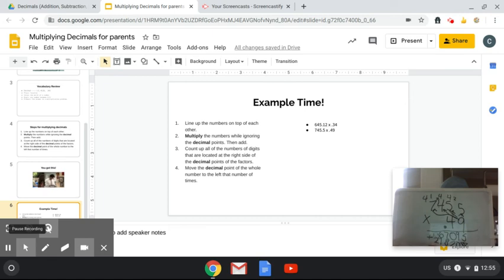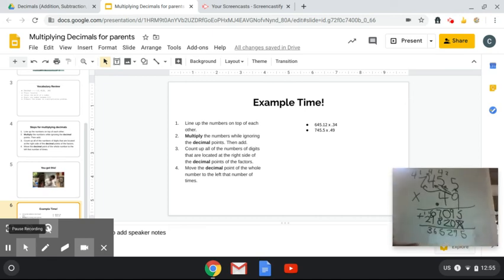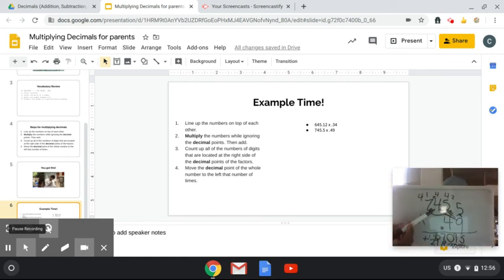So the number at the bottom was what I got, 365295. All right. So now step 3 is we're going to count up all of the numbers of digits that are located at the right side of the decimal. So in our first number, 745 and 5 tenths, how many spaces do I have to the right of this decimal?